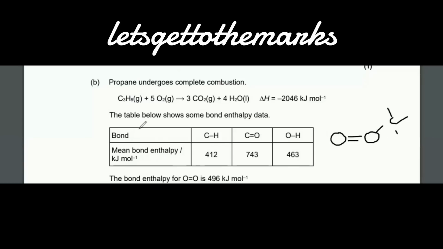That is impossible. So the only place you will ever find the O=O double bond is between itself in an oxygen molecule. So there's no such thing as a mean bond enthalpy for oxygen, because the only time you will find that bond is in oxygen. It's not found in any other compound.